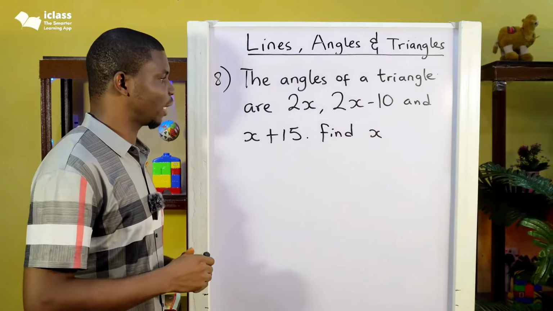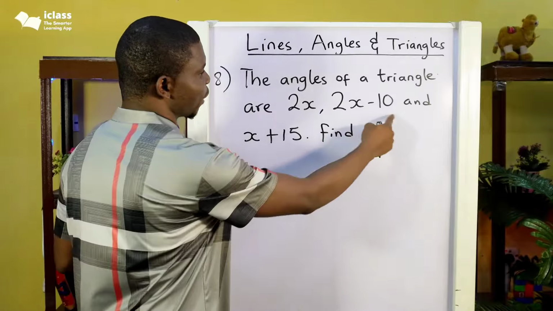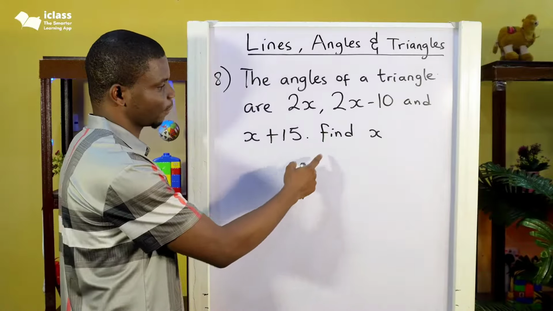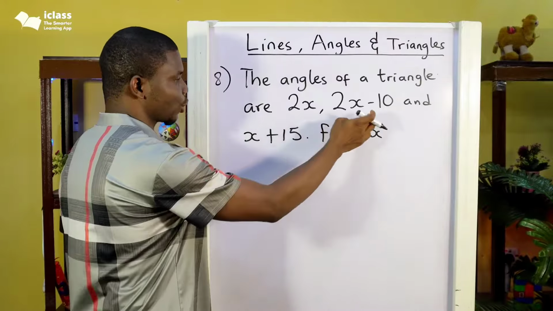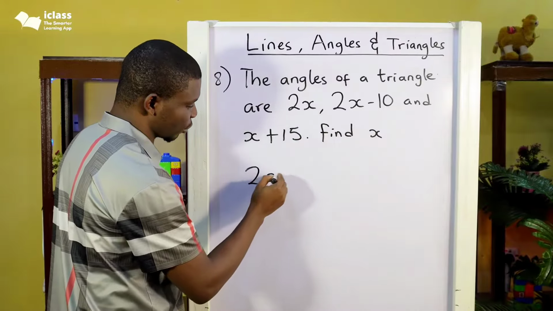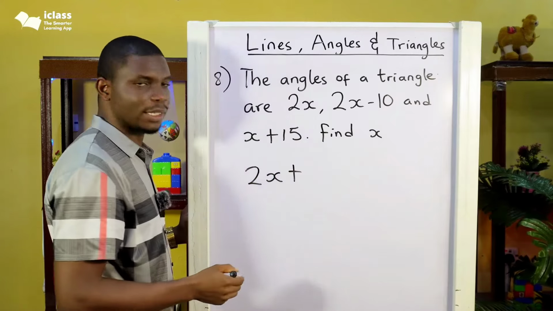The angles of a triangle are 2x, 2x minus 10, and x plus 15. Find x. Remember that when you sum up all angles in a triangle, you'd get 180 degrees.